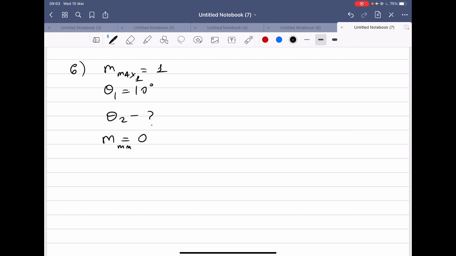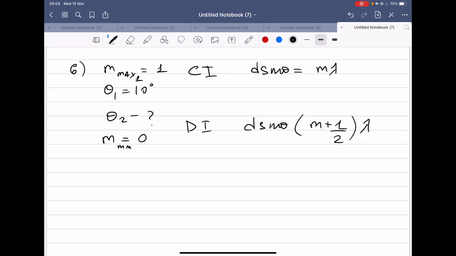When there's a first order maximum, we have to use the formula for constructive interference, and for the minimum we have to use destructive interference. For constructive interference we have the formula d sine theta is equal to m lambda. For destructive interference we have d sine theta equals m plus 1/2 times lambda, okay.